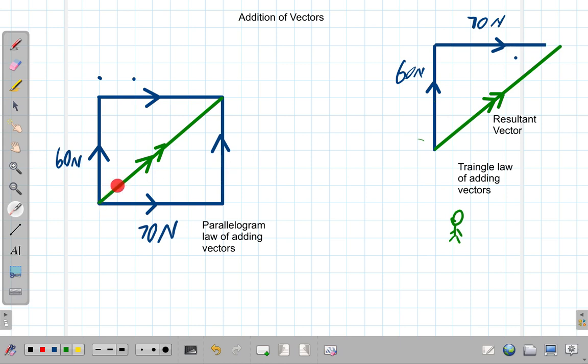And you draw the diagonal of the parallelogram here, which is the resultant vector. Alright? So, that's how you add two vectors together when they are not pointing in the same or opposite direction. You use the parallelogram law or you use the triangle law.